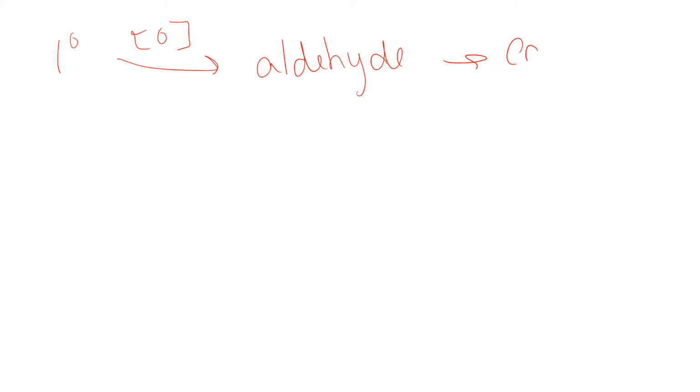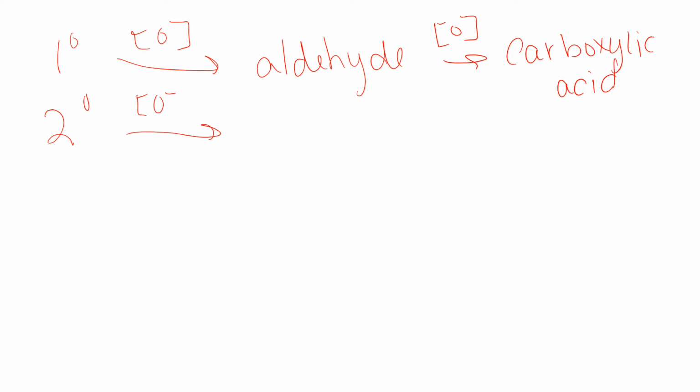If you have a primary alcohol in the presence of an oxidizing agent, you are going to form first an aldehyde and then finally a carboxylic acid. With a secondary alcohol, that's in the presence of another oxidizing agent, you have only one carbon-hydrogen bond, so there's only a place to break one bond.